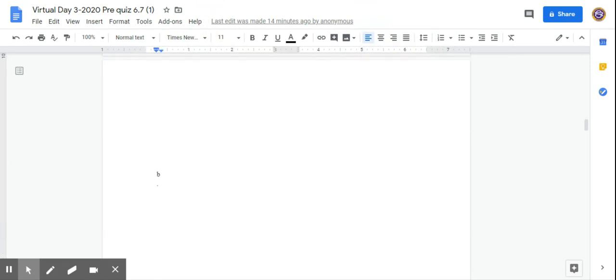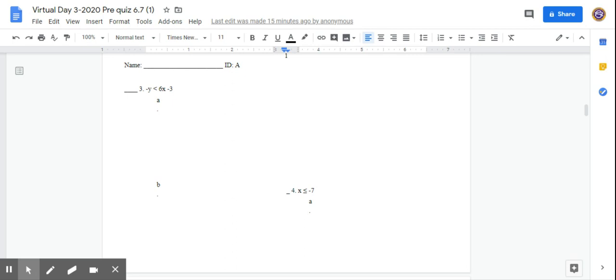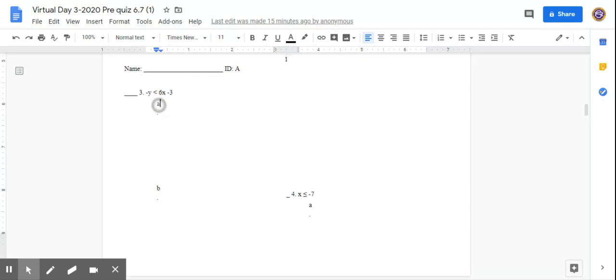Example 3 is -y less than 6x minus 3. I don't know what these a's and b's are here.